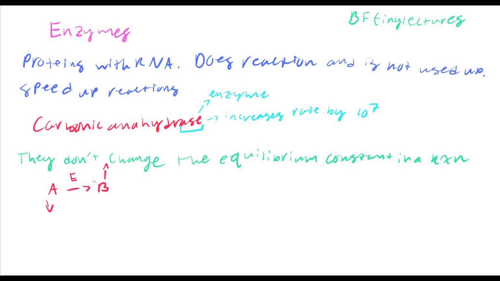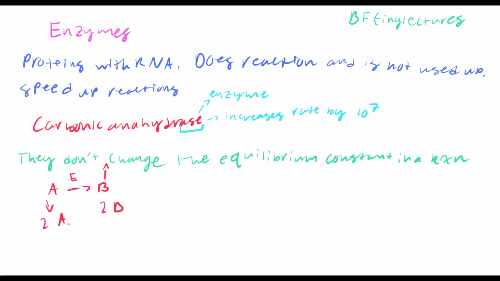Well, how should I say? The rate at which they change, okay? The rate at which B increases is going to be equal to the rate at which A depletes. So if we create two products, we're going to use up two reactants, right?